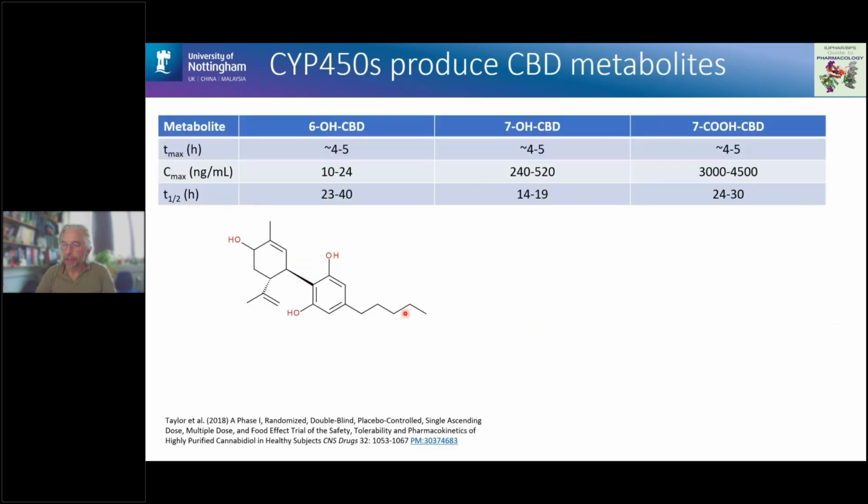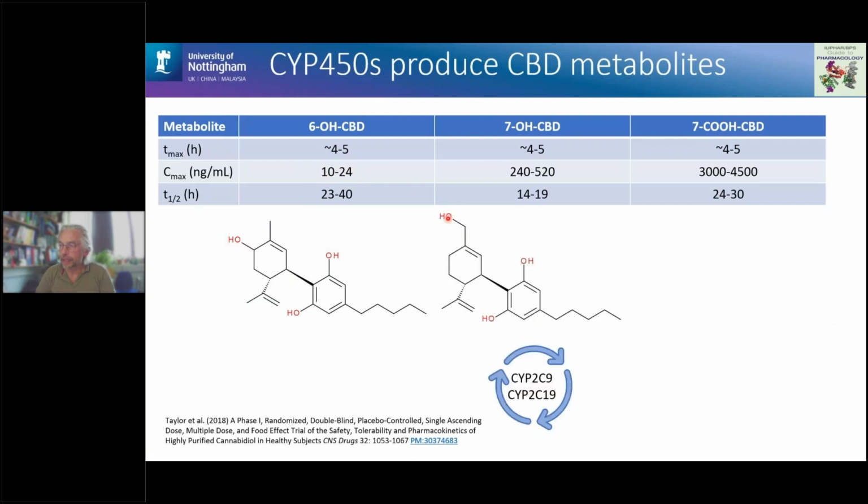From how the body handles the drugs, the key route is cytochrome P450s in the liver, and there are 3 major cannabidiol metabolites that were identified in the paper that I'm describing here. One's a 6-hydroxy substituent, but in relatively small amounts, so you'll see the Cmax is quite low.